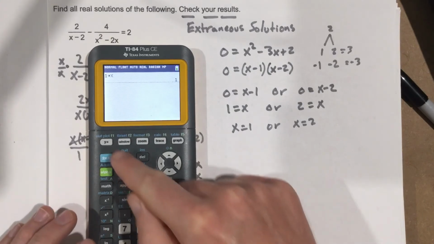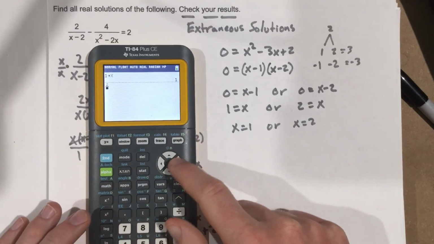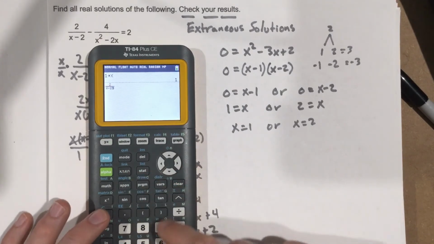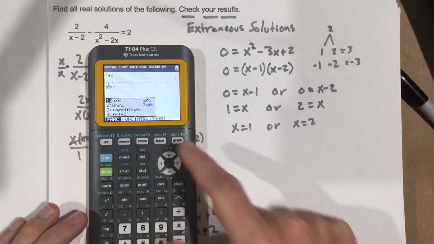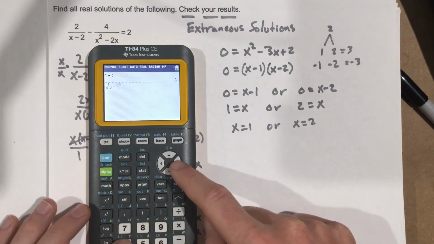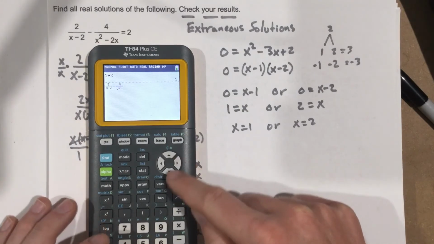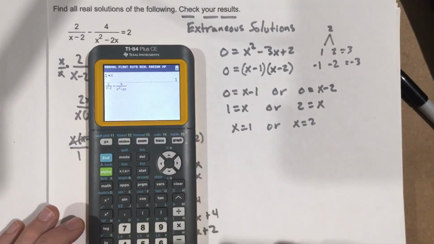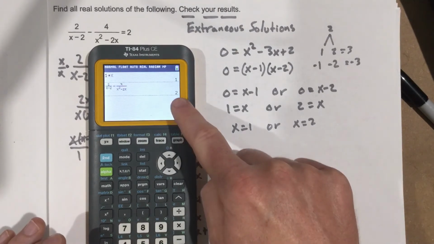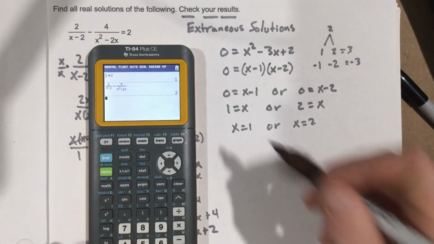So we're going to use the fraction 2 over x minus 2 minus, grab the fraction here, 4 over x squared minus 2x. Hit enter. We got 2, which was what we were supposed to get, so x equals 1 is a solution.